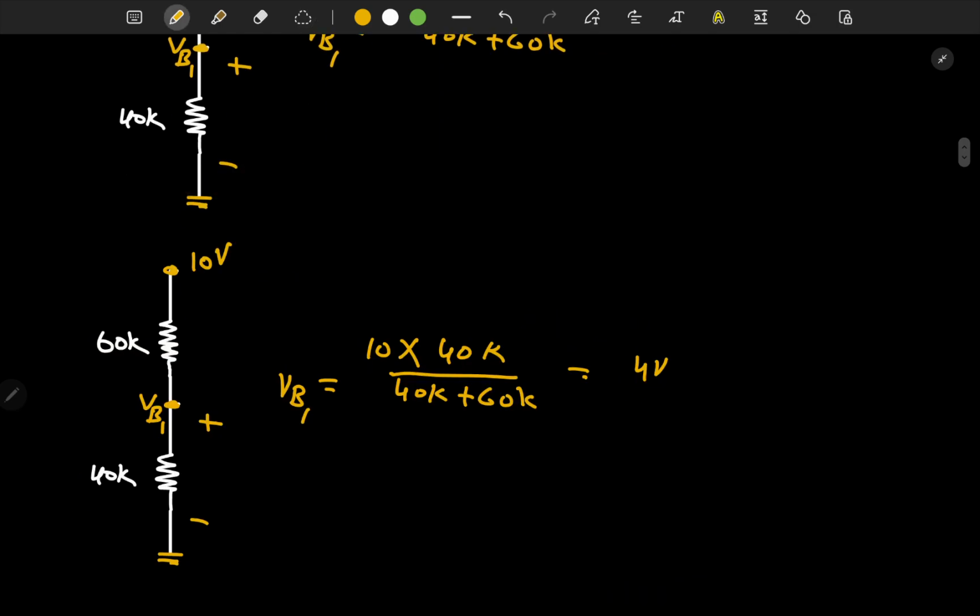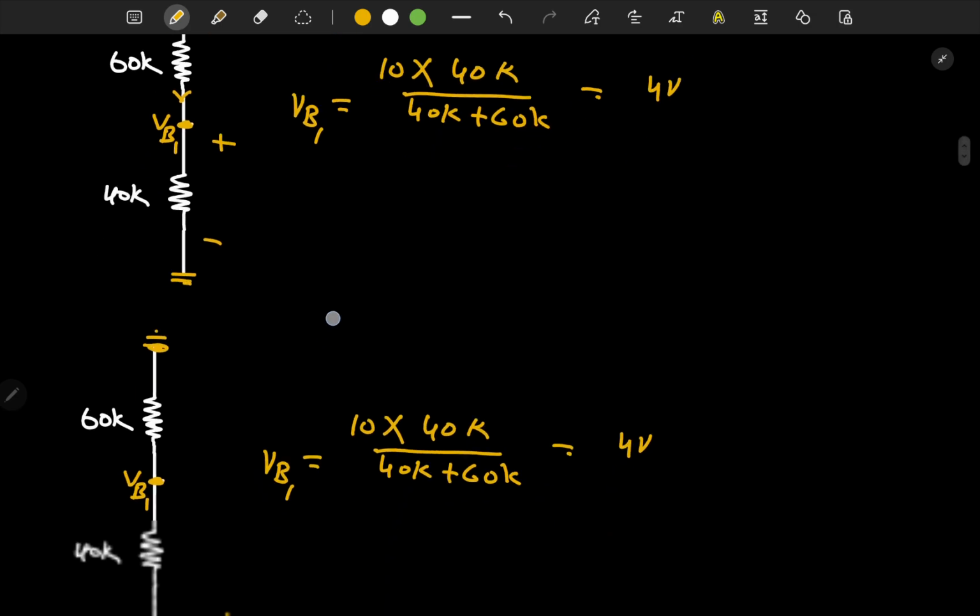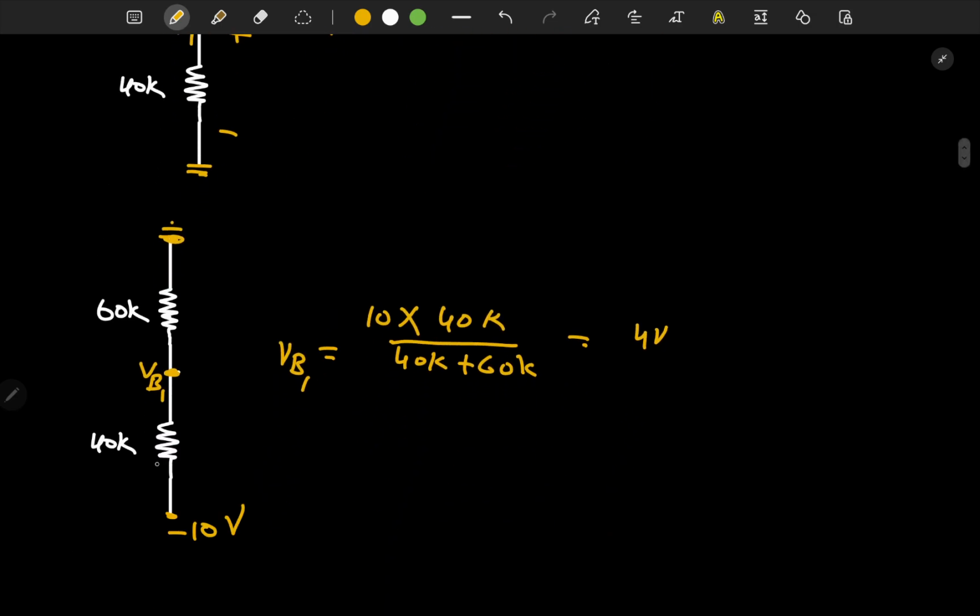In the second case, we have to deactivate 10 volt and activate minus 10 volt, and the 10 volt source will be grounded. Now the current will flow from upper to lower, but we have to find VB with respect to ground. So we find the voltage across the 60 kilo ohm resistance, which is 10 into 60 divided by 40 plus 60.